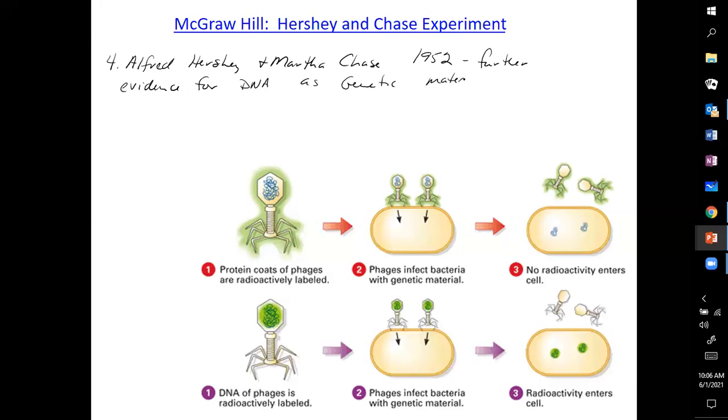So how did they do that? They used not bacteria, but a different system. They used a bacteriophage. So the experiment they used here is they labeled bacteriophage, or phage. Bacteriophage are viruses. They're viruses that infect bacteria.